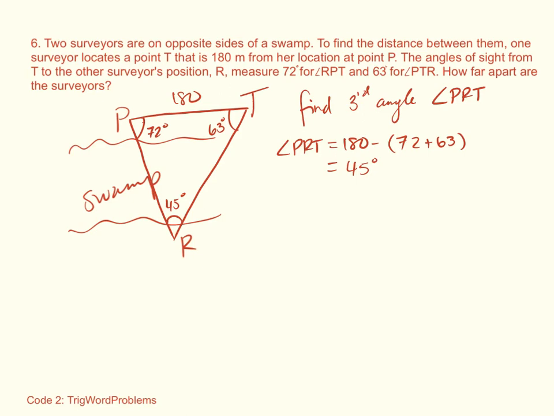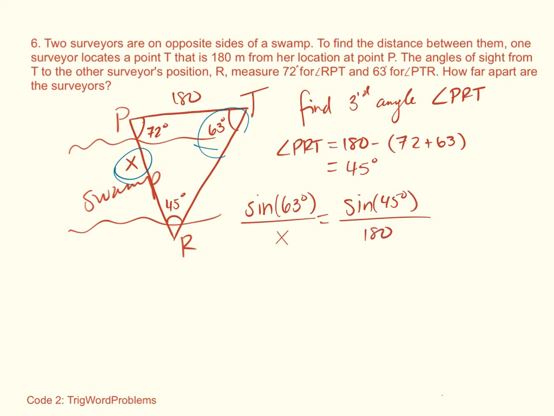Okay, so now I have the angle and its opposing side, and then I can find my side that I want. Now there are 2 sides to choose from. Remember, T is not where a surveyor is. P and R are. So we want the distance between P and R. So this means we're going to be looking for sine of 63 degrees over x, because that's the opposing side, is going to be equal to sine of 45 divided by 180, because those are opposing sides. And then I'm going to cross multiply.